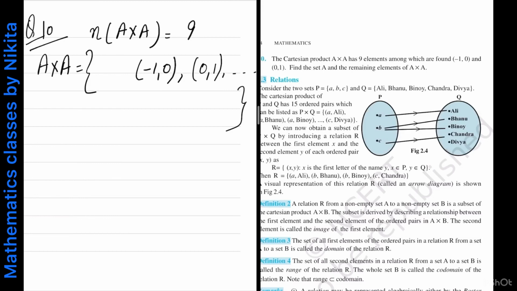Now since A cross A has 9 elements, so therefore A has how many elements? 3 elements. So write down since cardinality of A cross A is equal to 9, this implies cardinality of A is equal to 3.